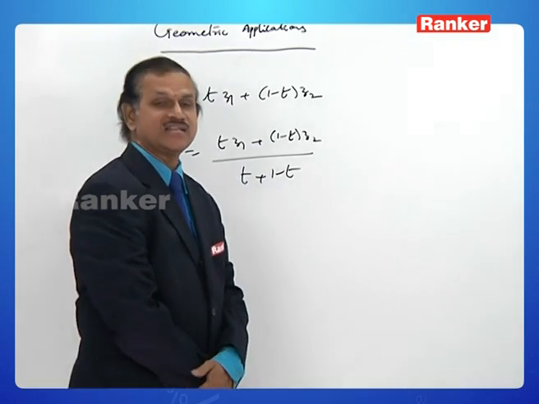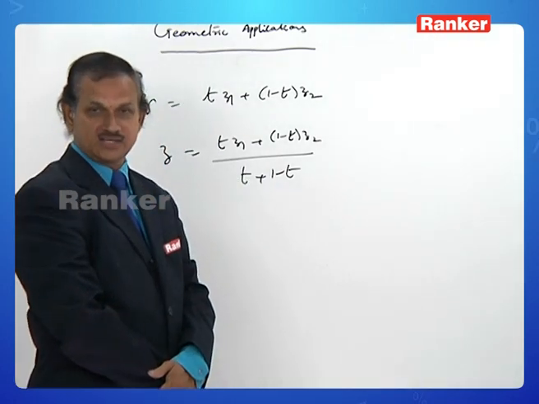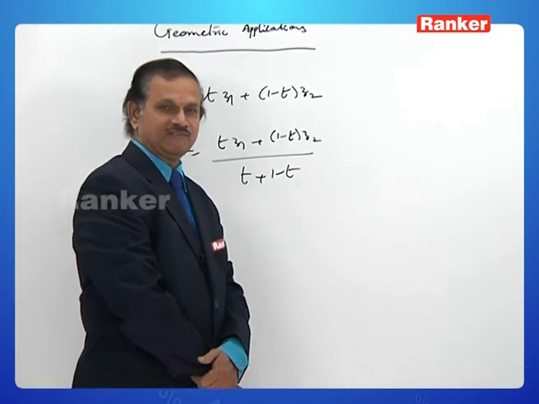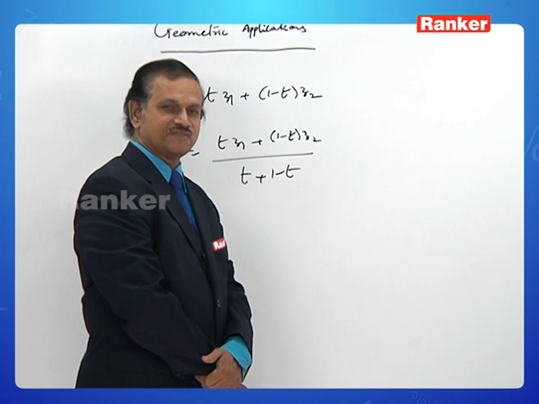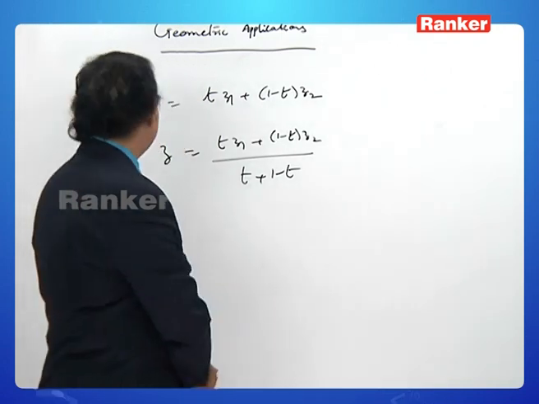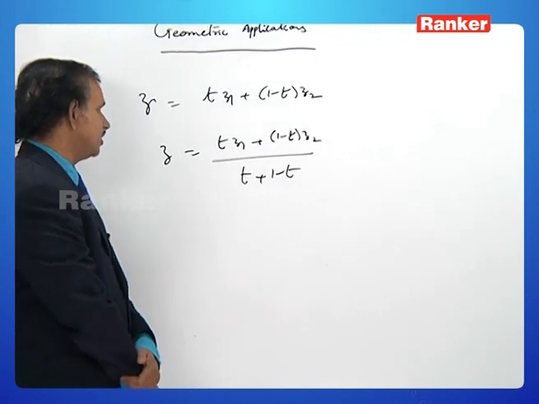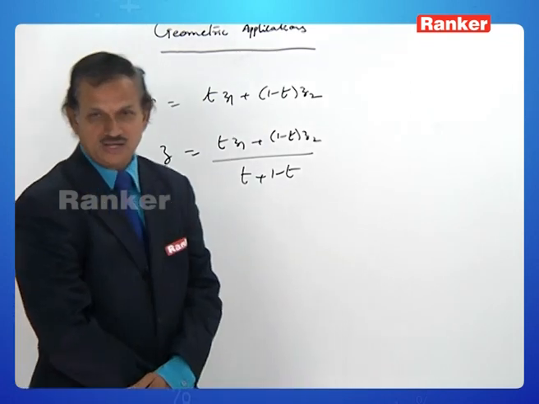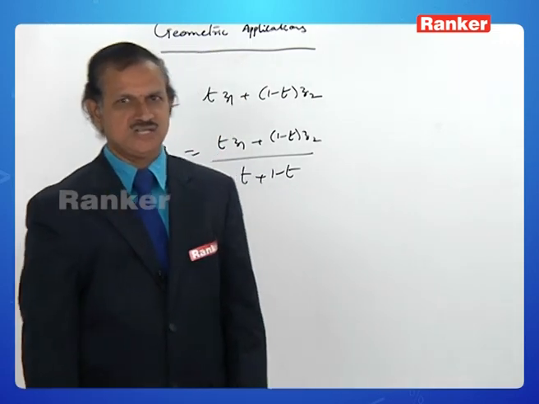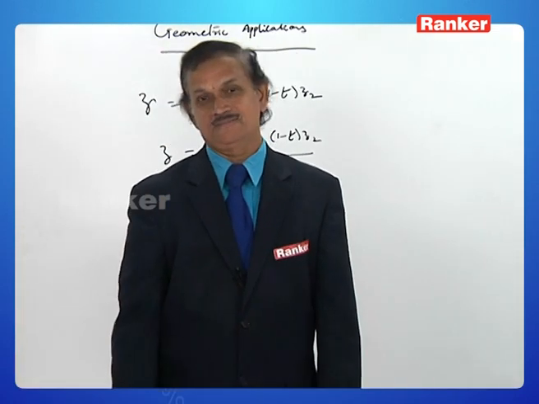By focusing our attention on this locus, we are able to recollect a formula of a complex equation of a straight line joining 2 points z1 and z2. What is that? That is just nothing but tz1 plus (1 minus t) z2. It is of course called the parametric equation because t acts as the parameter here.